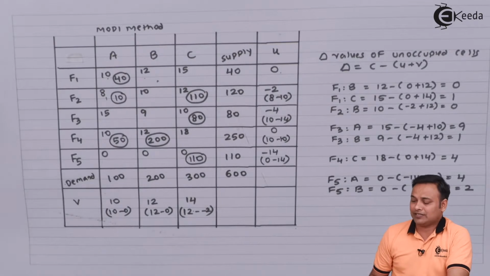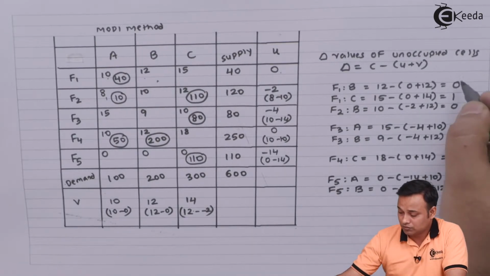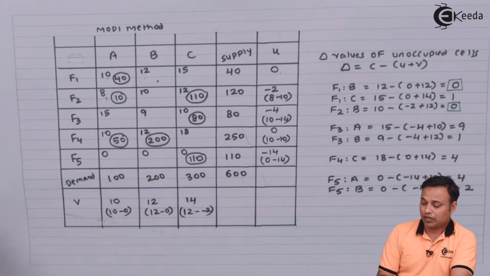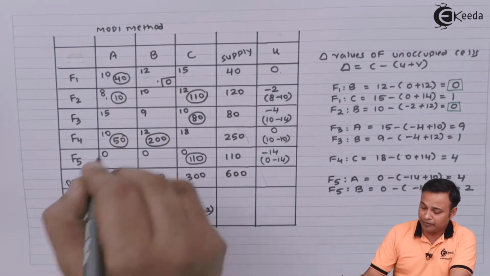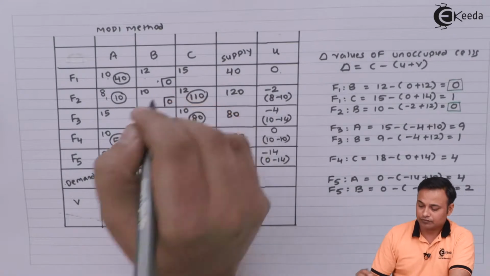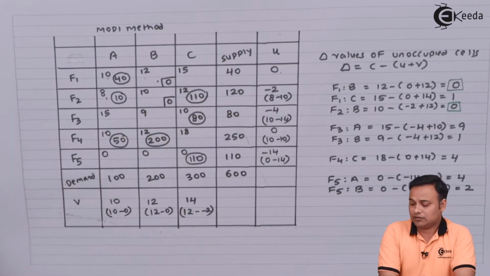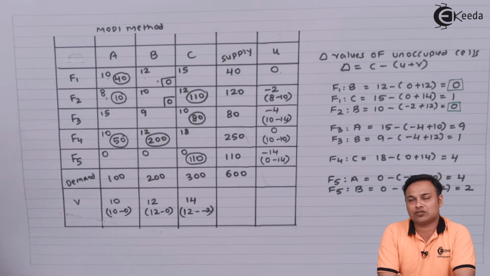In the present case we have not one but two zero values. I have two zeros, one at F1B and one at F2B. That means I can get two more solutions to the same problem. In fact, I can get three solutions to this problem.